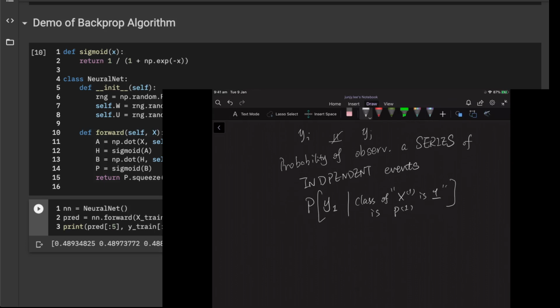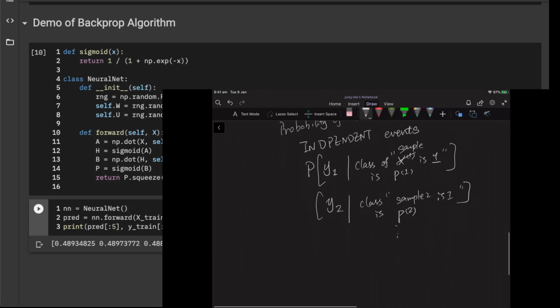And the event to observe y2, given that the class of sample 2 is 1, this event has the predicted value p2.